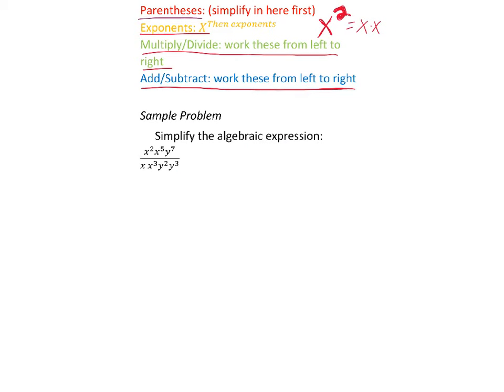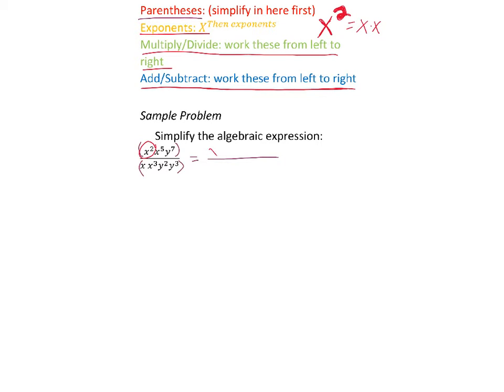This first sample problem has those invisible parentheses that we were talking about. So it's all of this up here in the numerator being divided by all of this down here in the denominator. So let's work within the parentheses first. X to the second power, I'm going to represent that in one color. So I'll make this one in red.